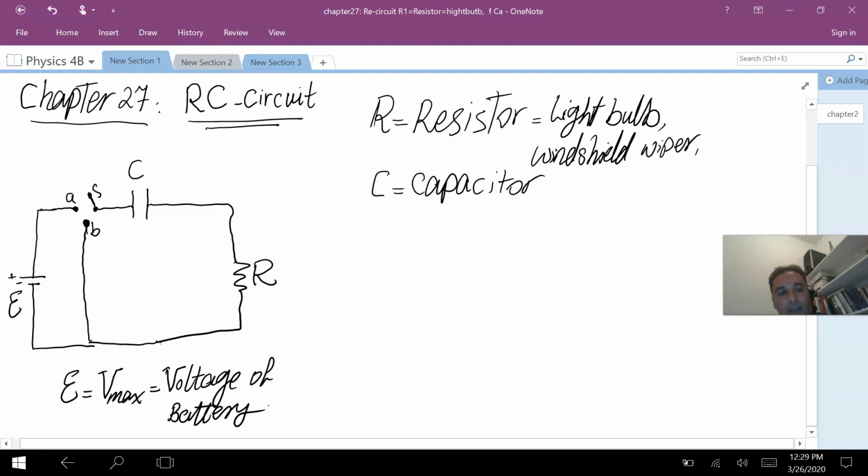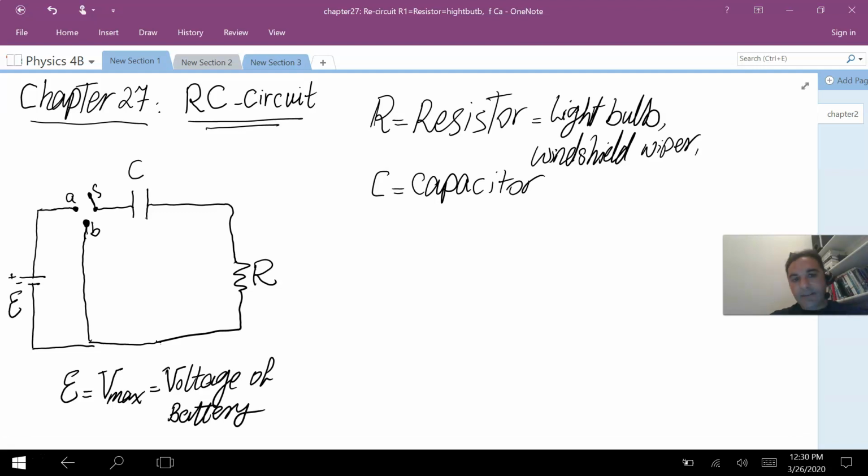Some books go by V max, some books go by E or epsilon, big epsilon E. Now, what do we have here actually? So we see a battery, then we have a switch S, then we have a capacitor, then we have resistor.